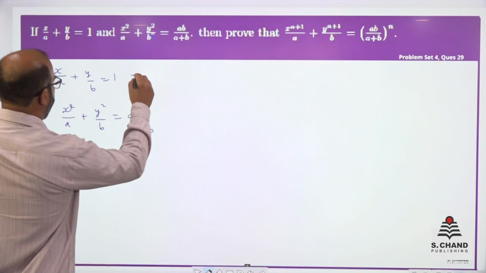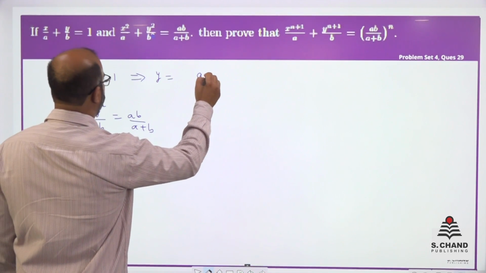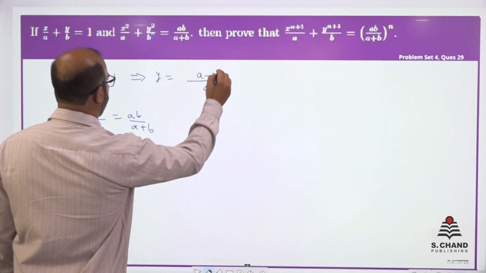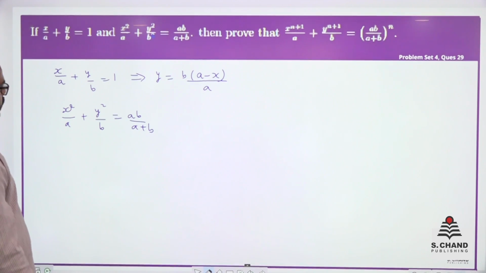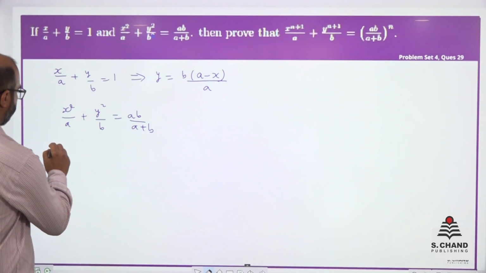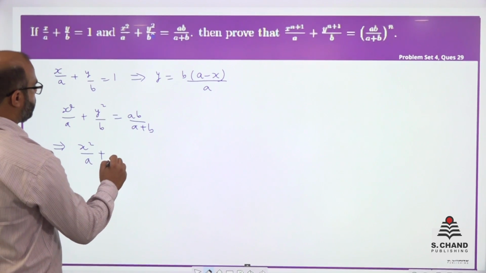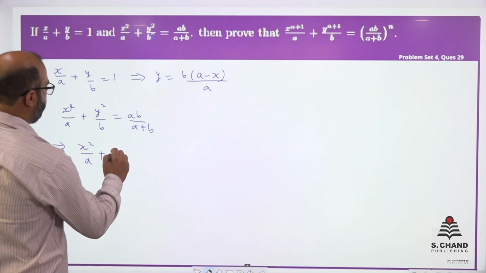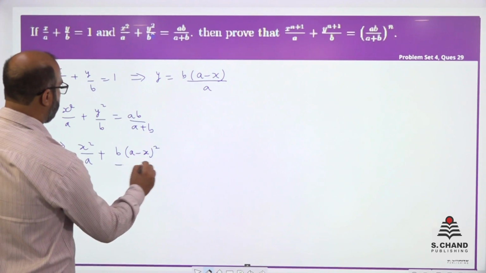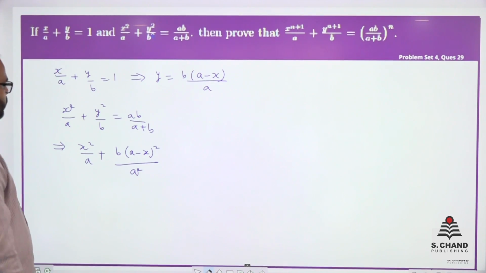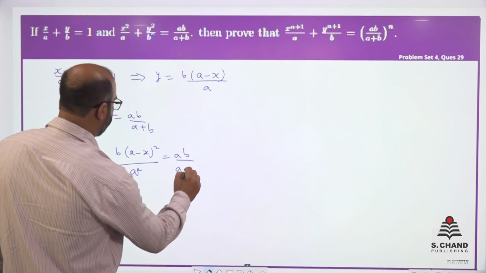Again, from here let us take y, which will become 1 minus x by a. So, a minus x by a into b, this is y, and when you put it here, x square by a plus y square, one b will get cancelled, another b will remain, a minus x whole square upon a square is equal to ab by a plus b.